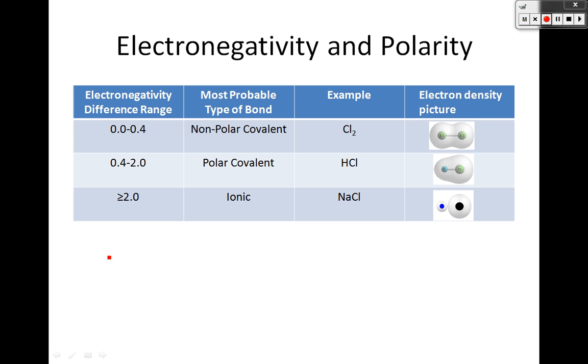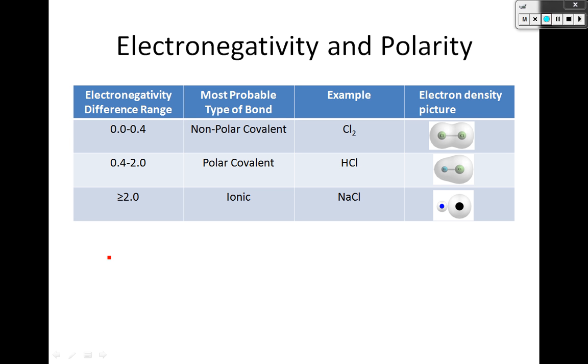As we talked about, you can look at electronegativity and then determine how polar something's going to be. And really, there's a continuum, but you can divide molecules up into ionic, nonpolar covalent, and then in the middle, polar covalent. There's actually also metallic bonding, but we're not going to worry about that. Depending on how you want to break this up, you could even talk about slightly polar, very polar.